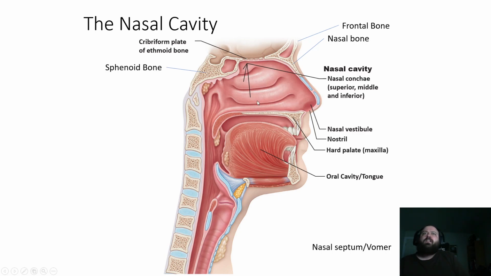These shelves of bone, these nasal conchae, are lined with ciliated mucosal membranes. These are very heavily vascularized. I know everybody's going to deny it, but of course we've all picked our nose at one point. And you know that when you pick your nose, you are putting yourself at risk for a nosebleed.